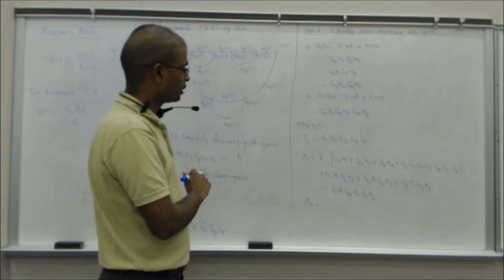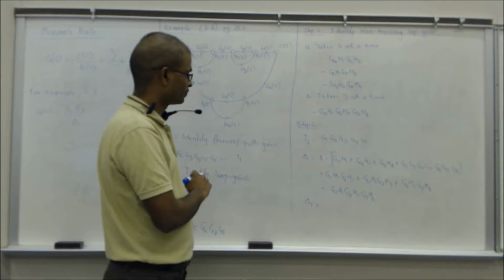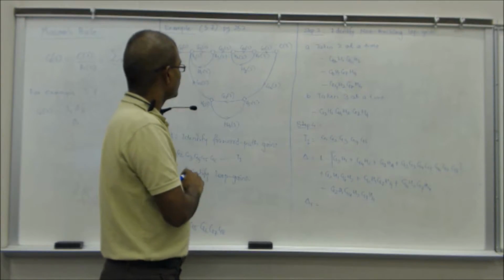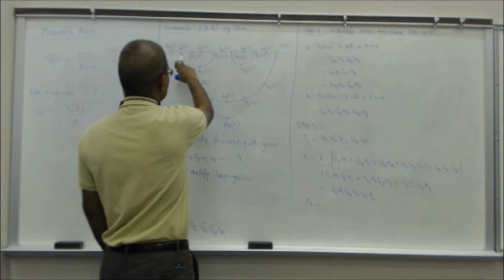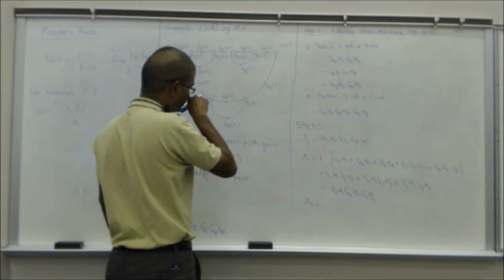Now what you do, your delta 1 is essentially, you look at the forward path, okay? We have just one forward path, right?